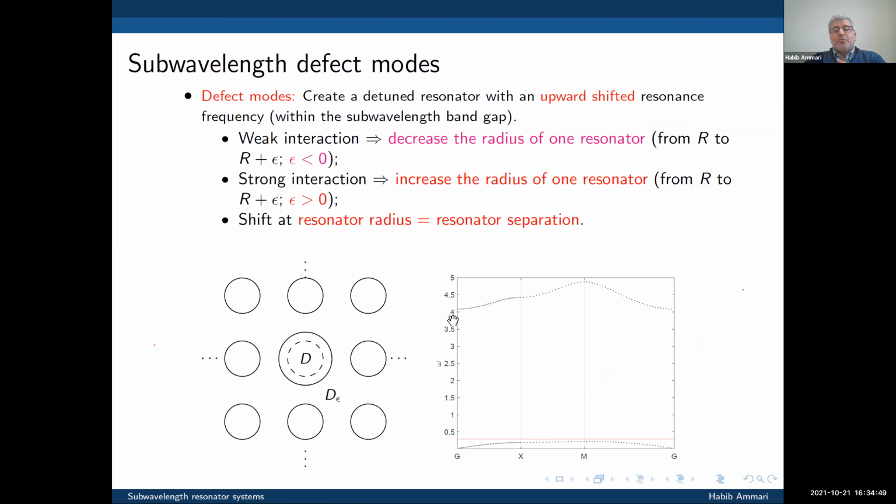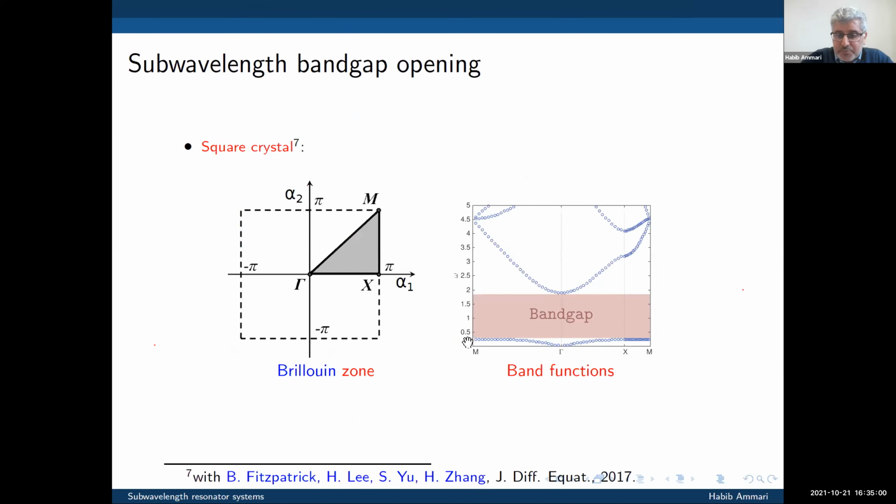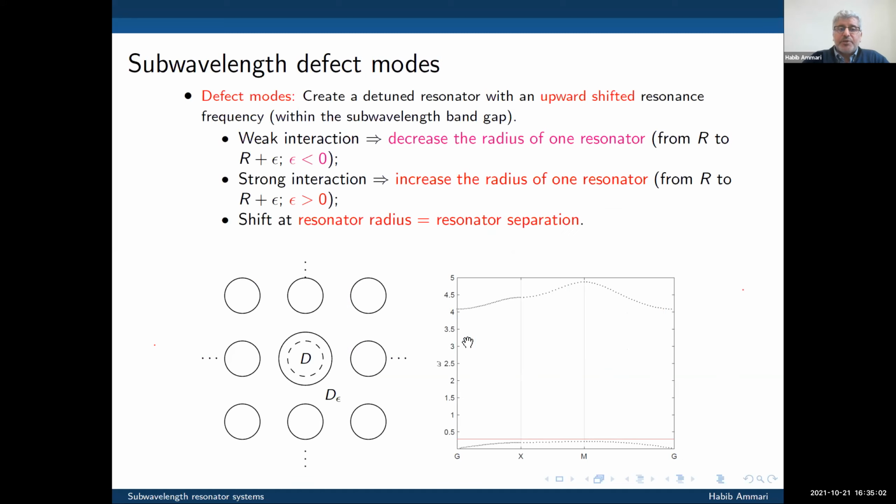Okay. Now, as I said, we want to trap or guide waves at subwavelength scales. How do we do this? Because we have this band gap, we can create defects inside this band gap by just detuning resonators with an upward shifted resonance frequency inside the band gap. If we do that, this would be a defect mode.